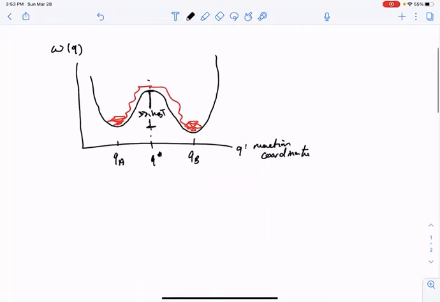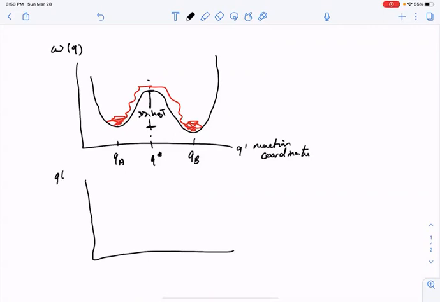A consequence of a geometry to the free energy like this is that there is, in general, a separation of time scales between the waiting time, the time it takes on average to see a transition that goes from A to B, and the time it takes to transition.